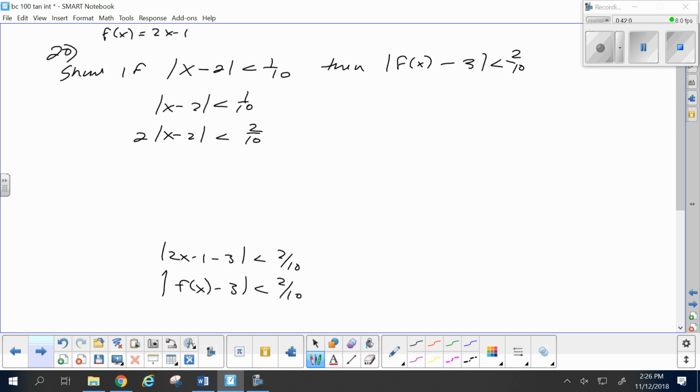One rule is that there's zero reason I can't replace 2 with the absolute value of 2, because they both equal the same thing. Another rule of absolute value is it doesn't matter if you have two things multiplied, if you make both things positive, then multiply, or if you multiply and then make the product positive.